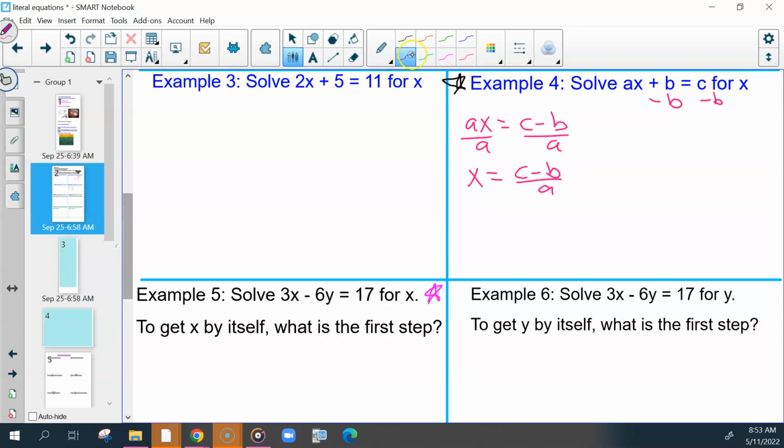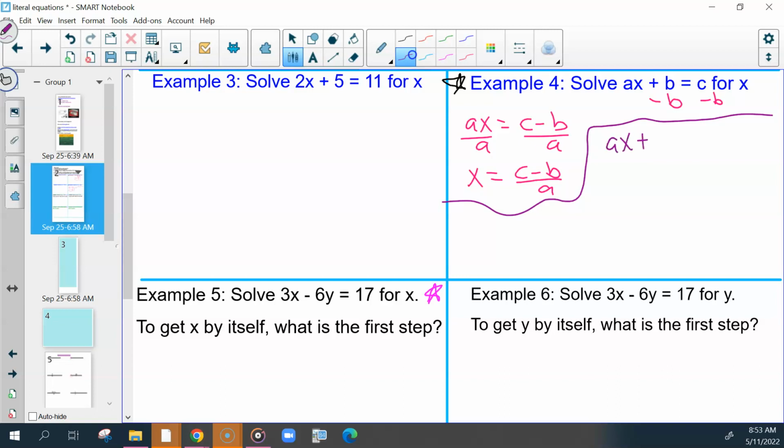And if you want to see, let's say all of these can be solved for different variables. If this says solve this for b, we would subtract ax. If it said c, well, it's already solved for c. Aren't those two different variables? You would subtract, but we wouldn't actually combine them.